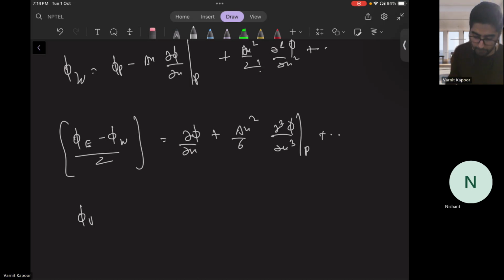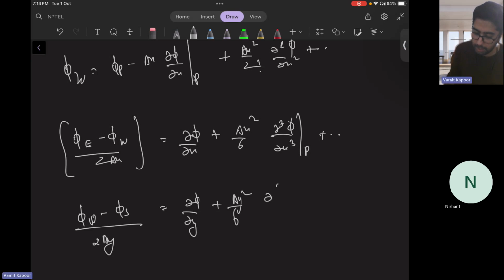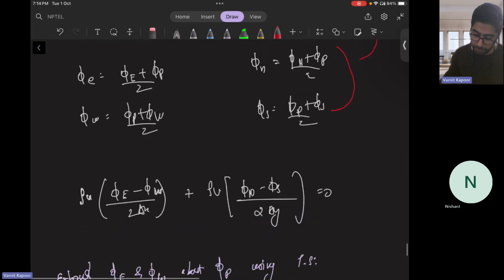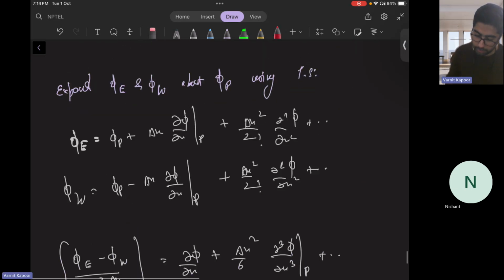You will get phi north minus phi south by 2 delta y as dou phi by dou y plus del y square by 6 dou cube phi by dou y cube about p, and other terms. Substitute back in the equation and rearrange. Substitute back in this equation, suppose this is equation A.